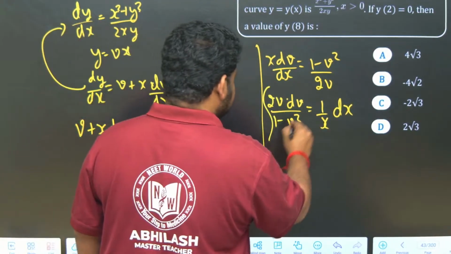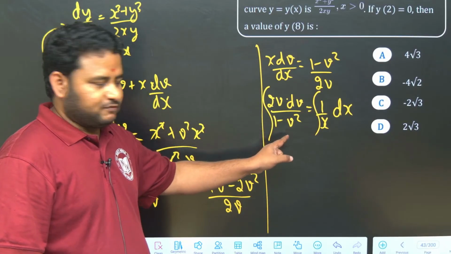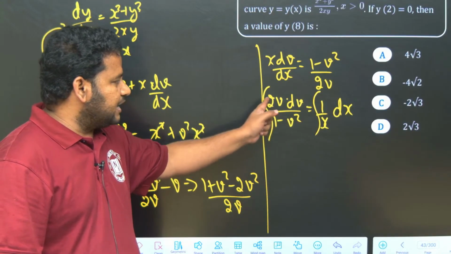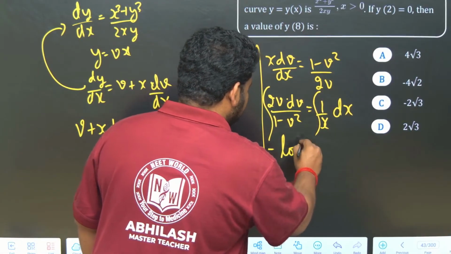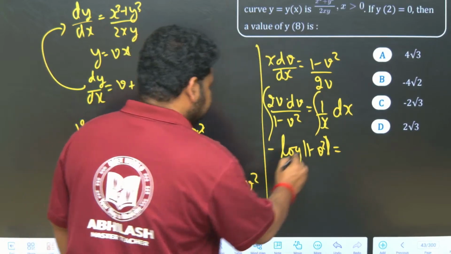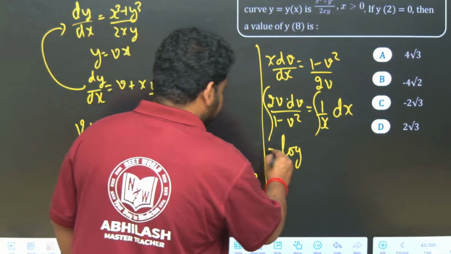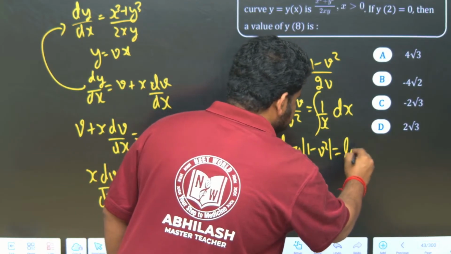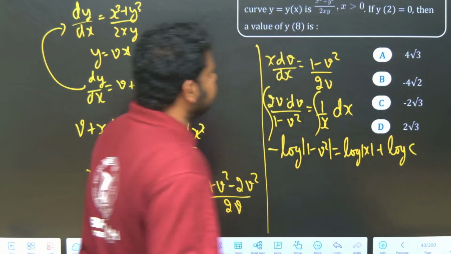So I have to put the integral sign on both sides. Now for 2v dv/(1 − v²): if I differentiate 1 − v², I will get −2v dv, so I have to add a minus sign here. Then I get the integral as −log(1 − v²) equal to log|x| plus a constant, which I write as log c.